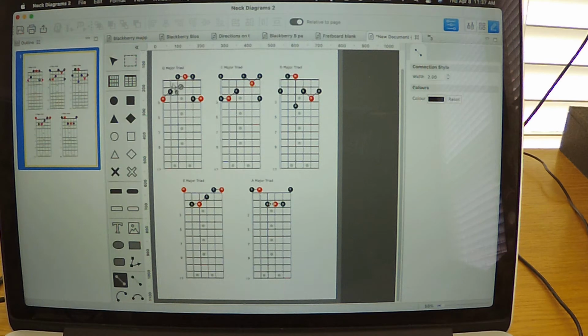We have a long diagonal, where we're skipping a fret, and we have a straight line, 1, 2, 3, up 3 frets. Let's look for that. Here it is, third and fifth, up 3 frets. Third and fifth, long diagonal. Third and fifth, up 3 frets. Third and fifth, long diagonal.